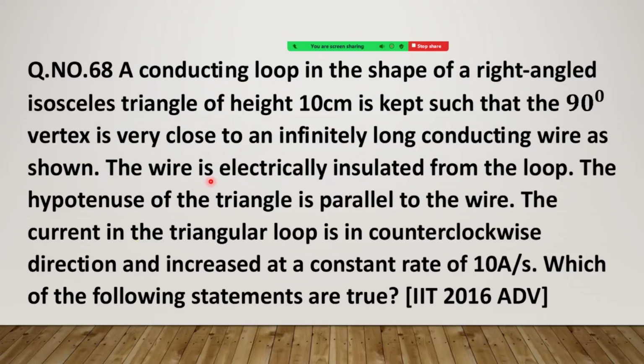The wire is electrically insulated from the loop. The hypotenuse of the triangle is parallel to the wire. The current in the triangular loop is in the counterclockwise direction and increased at a constant rate of 10 ampere per second. Which of the following statements are true?